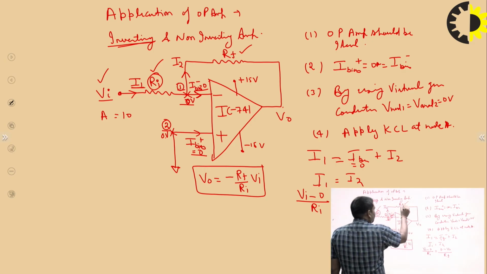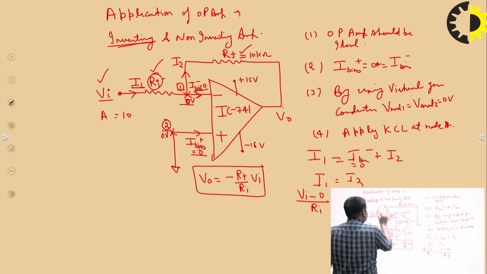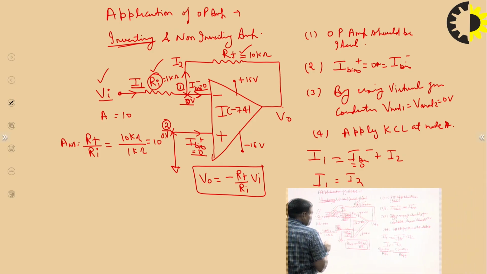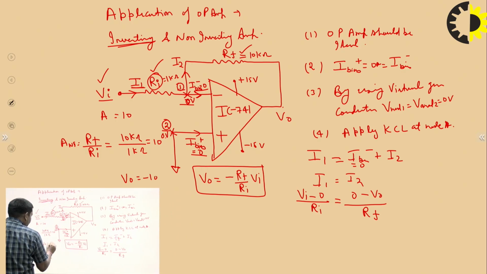We put Rf as 10 kilo ohm and Ri as 1 kilo ohm. The gain in the inverting amplifier depends on the feedback resistance upon the input resistance. If Rf is 10 kilo ohm and Ri is 1 kilo ohm, the gain is equal to 10, so the output V naught is equal to minus 10 of Vi.